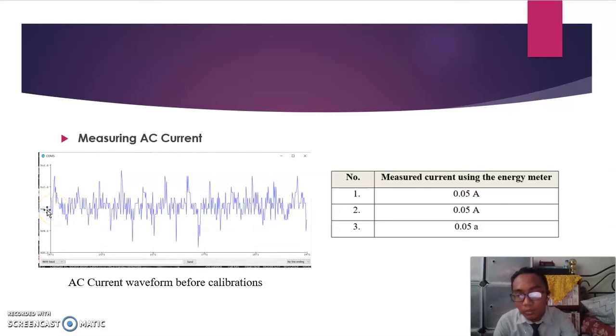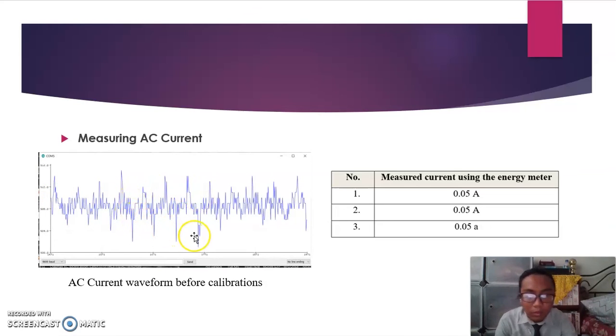The range will be between 512 to 1024. This is the waveform of the ADC unit.